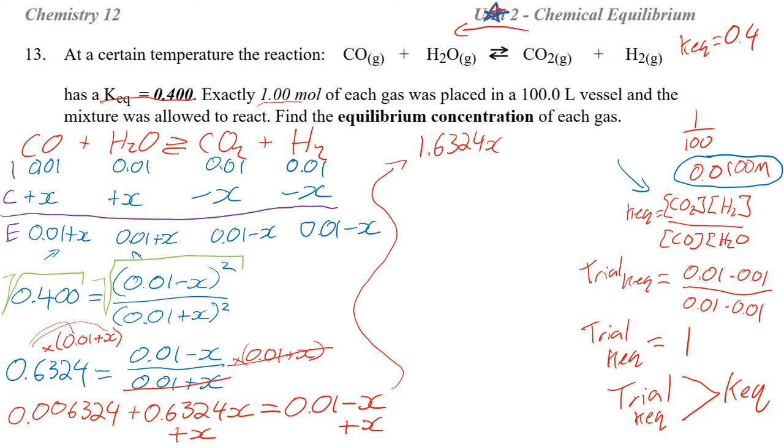So then what I'm going to do right here is I'm going to subtract, so we'll minus 0.00632 from both sides. So I'm going to minus it from this side as well.